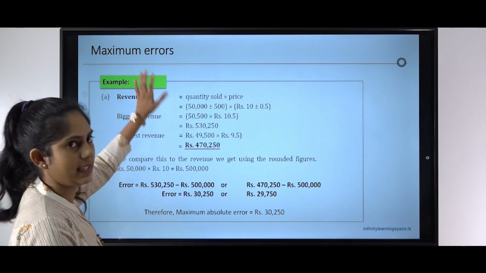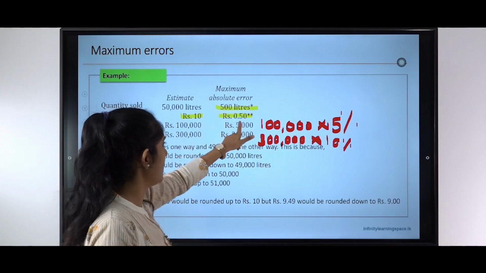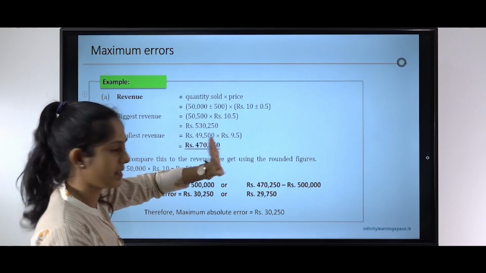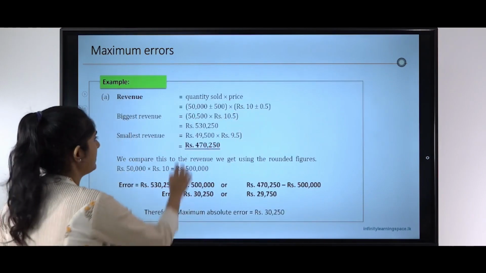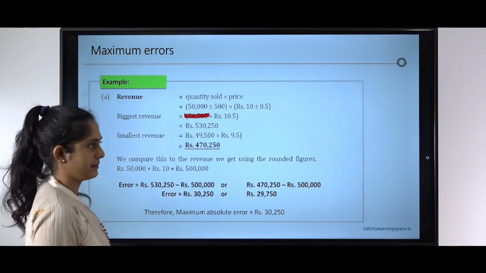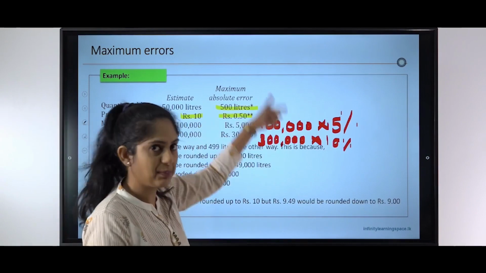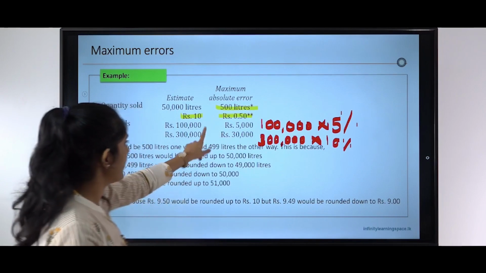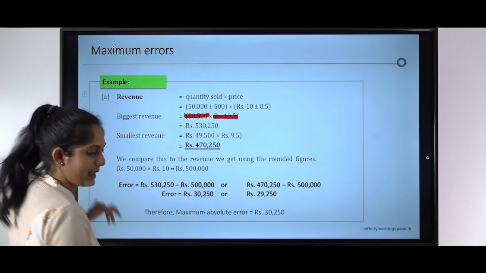So totally, for quantity the difference can be 500, and for price 0.5. So maximum, you can get the biggest revenue: 50,000 can increase by 500 and become 50,500, right? 10 rupees could have been up 50 cents, 10 rupees 50 cents, so that price maximum is 10.5. Look at the lower side.